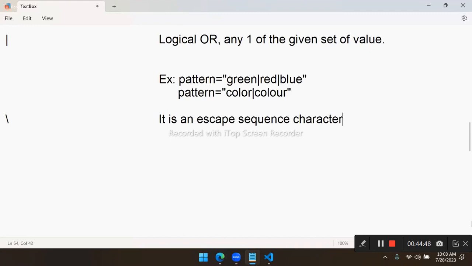Generally the purpose of this is, it changes a normal character into a meta character, and vice versa.